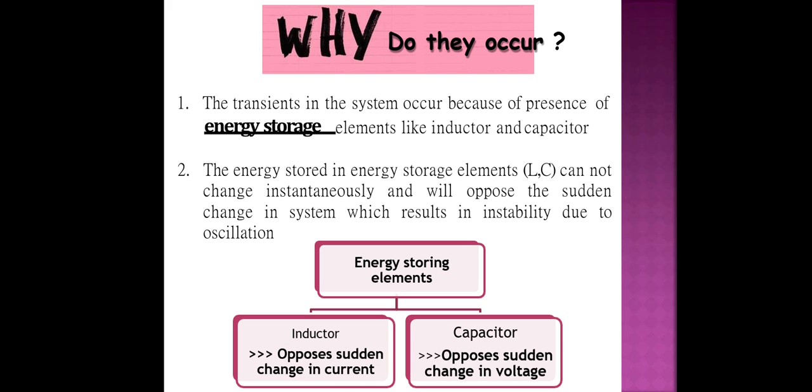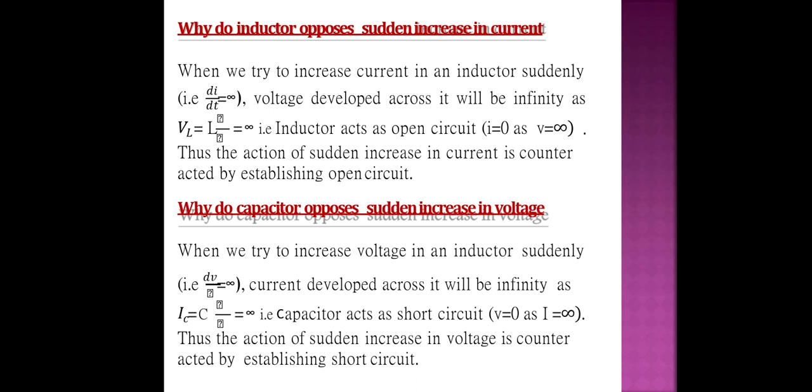Okay. So why does an inductor oppose a sudden increase in current? What is the transient? It is the change in the behavior of the circuit. We take energy storage elements, which respond suddenly to the variation of current and voltage, respectively for the inductor and capacitors.